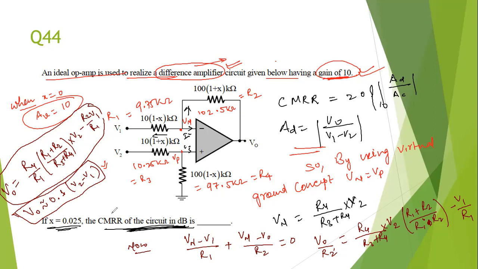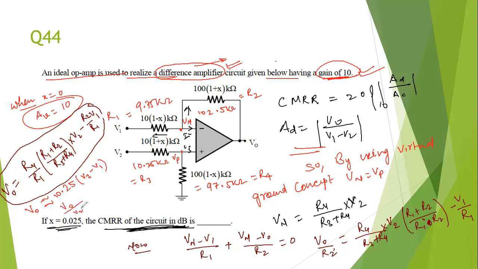Okay, sorry, not 0.1. This is approximately 102 and this is 10.25. Just after putting, I'm writing all the values. So my dear friends, V0 is approximately equal to 10.25 times of V2 minus V1.